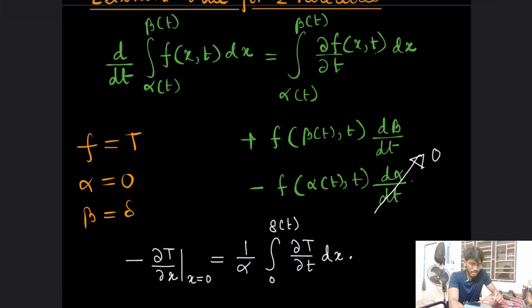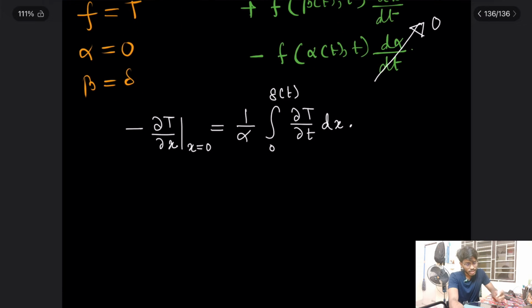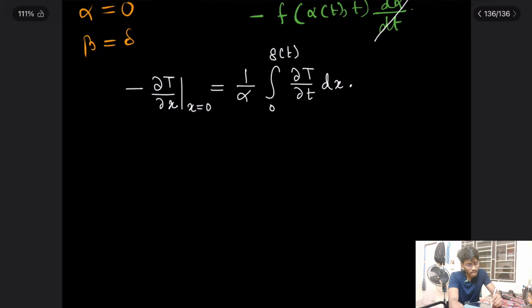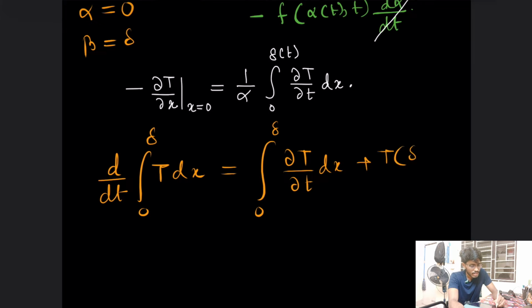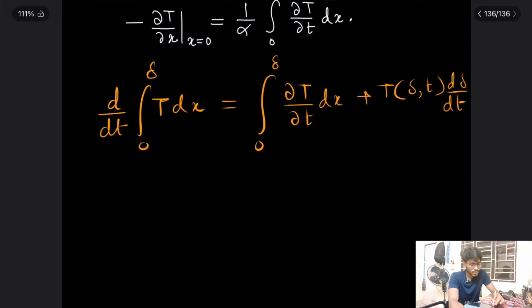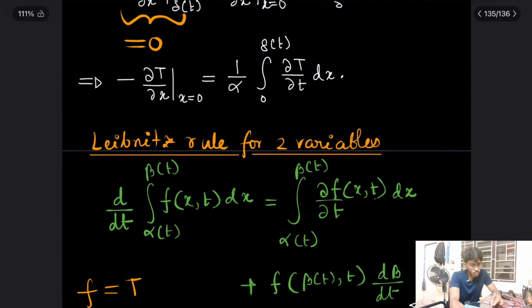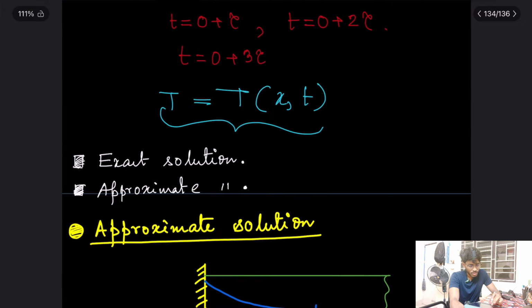So we can write d dt of the integral of T dx from 0 to delta is equal to the integral from 0 to delta of del T del t dx, plus T at delta comma t into d delta dt, minus 0. Clear? So we have that.